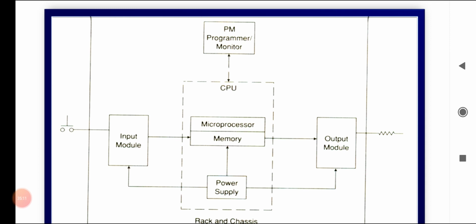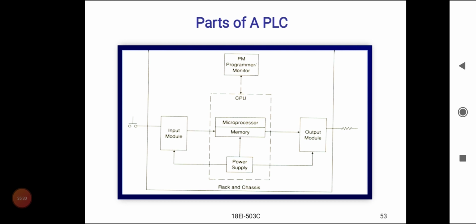The power supply is connected to the CPU, memory unit, input modules and output modules. The programmer and monitor is connected to the CPU. These are the parts of a PLC.